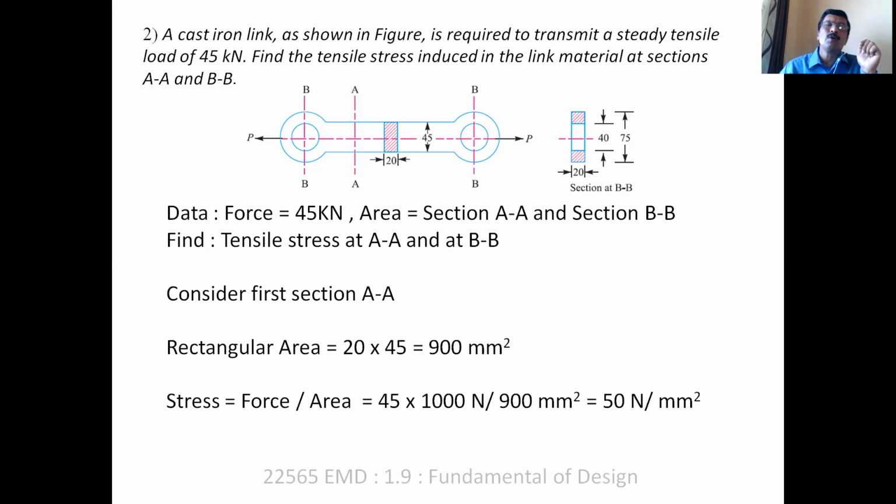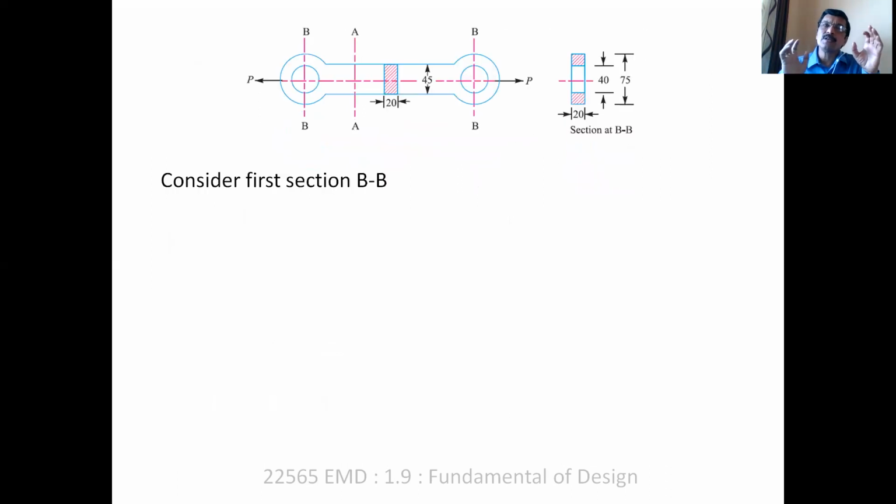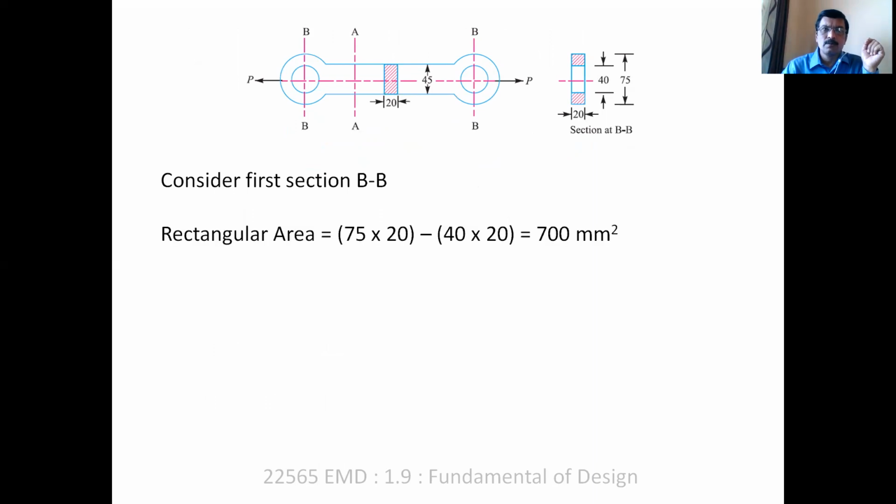Similarly, you can go for section BB. Now if I consider section BB, in section BB the area is different. Now in section BB, there are two rectangular sections.